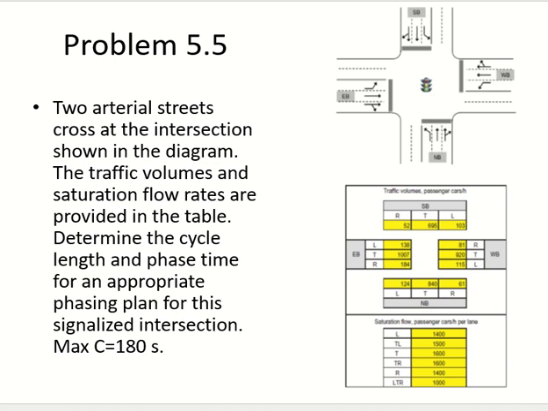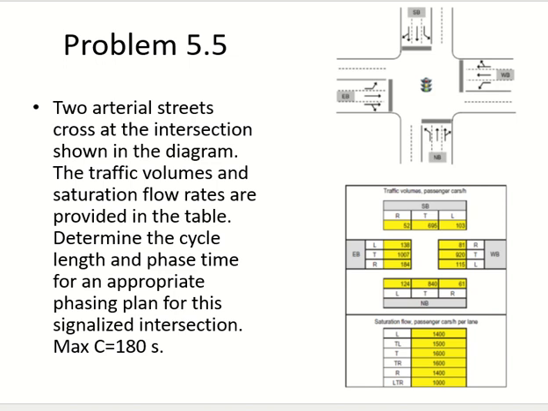So this is the saturation flow rate for a left turning lane, applicable to these lanes. Then I have the saturation flow rate for the through lane only, which is the middle lane in all directions.